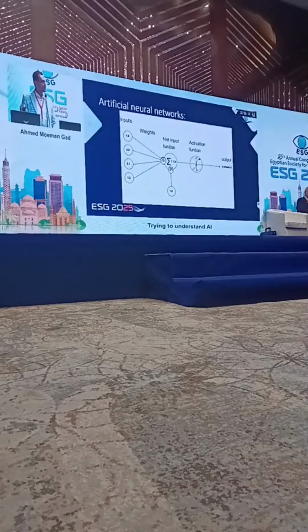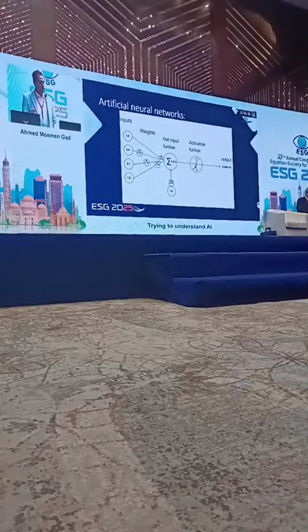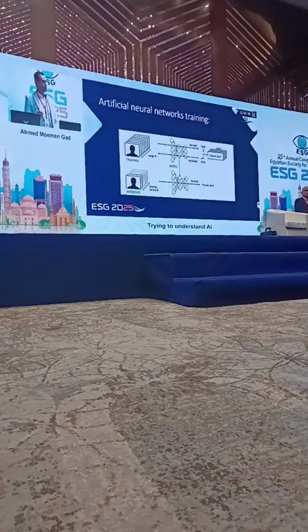You can see here on the right side the output numbers. If these numbers do not coincide with what we need, we can change what is called the weight. These weights are numbers multiplied by the inputs, and by changing these weights, we can reach the desired output. This stage of making the neural network is called the training of the network.